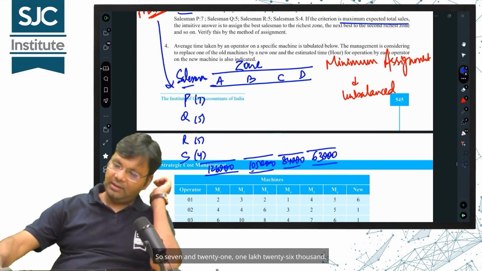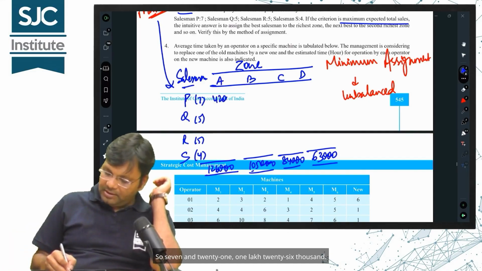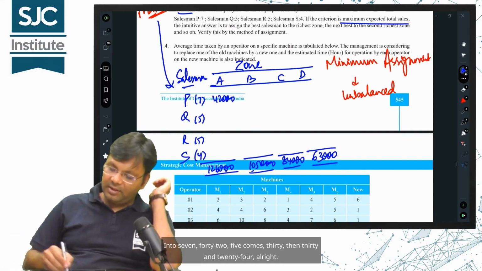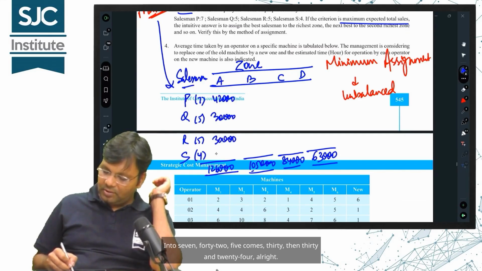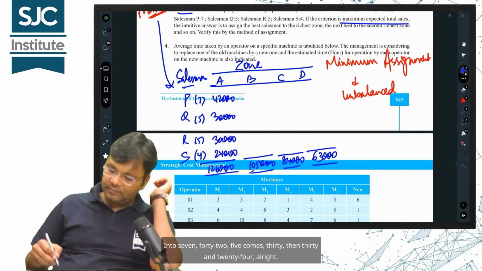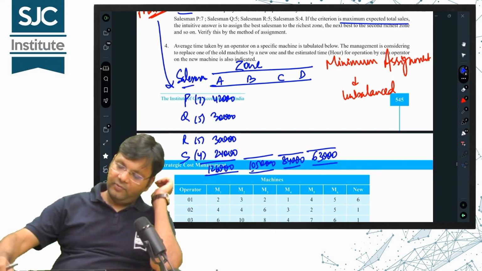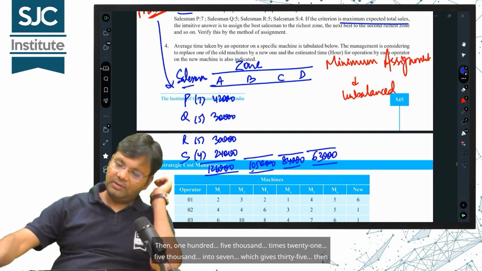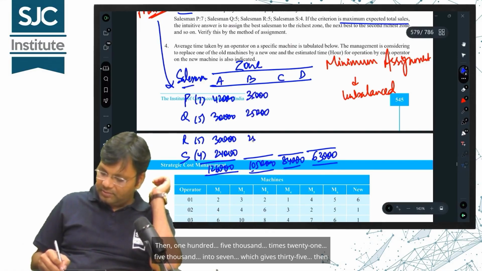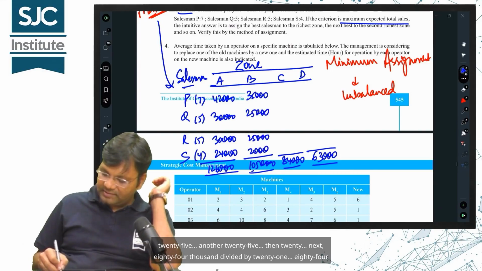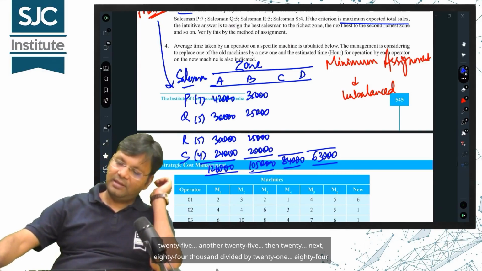So 7 and 21, 1,26,000. 126,000 by 21 into 7 gives 42, then 5 comes to 30, then 30 and 24. Then 105,000 by 21 into 7 gives 35, then 25, another 25, then 20.